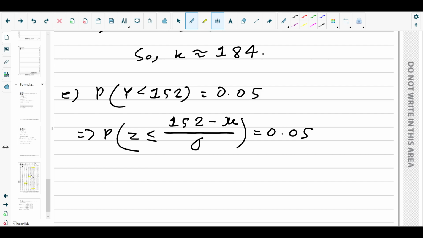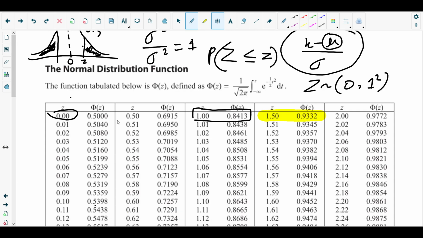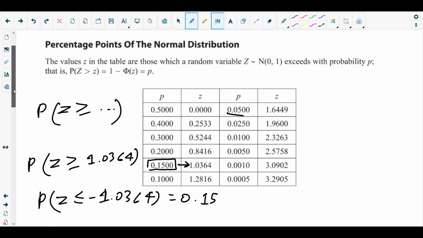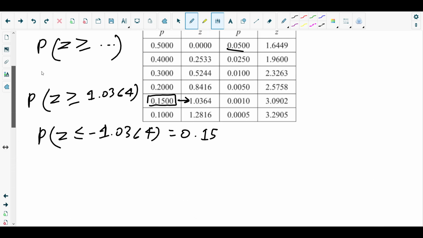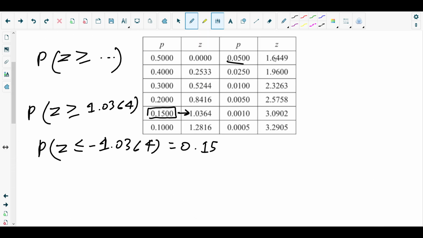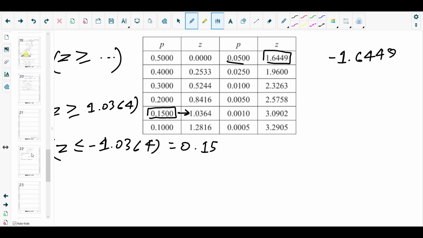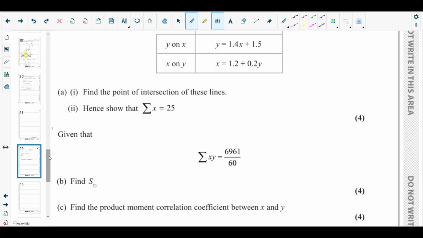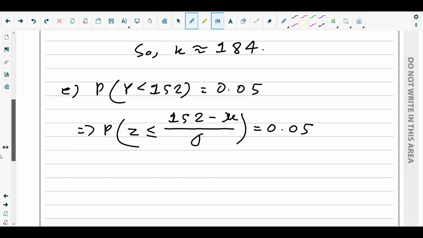So for bottom 5%, let's see the table. Bottom 5% is basically the same as the top 5%, so consider that top 5% is 1.6449. So for bottom 5%, it will be negative 1.6449. Make sense? It will be negative since it lies below the mean.